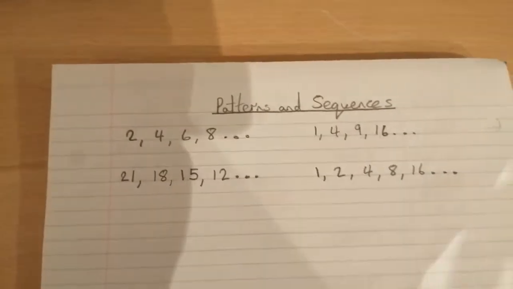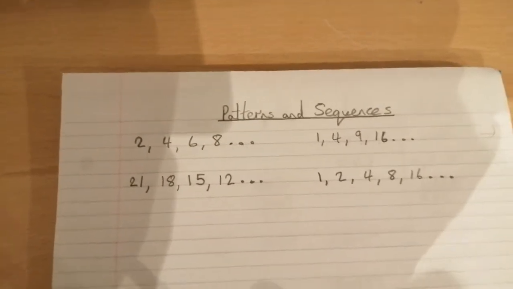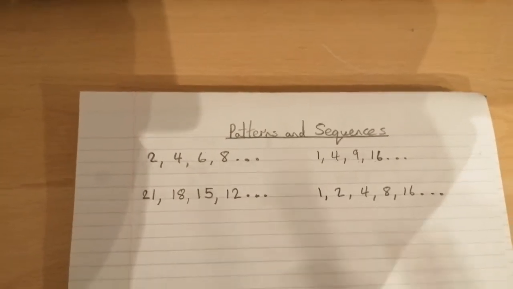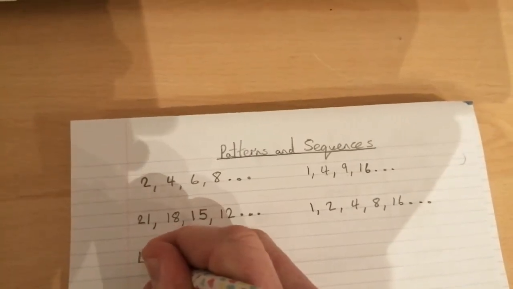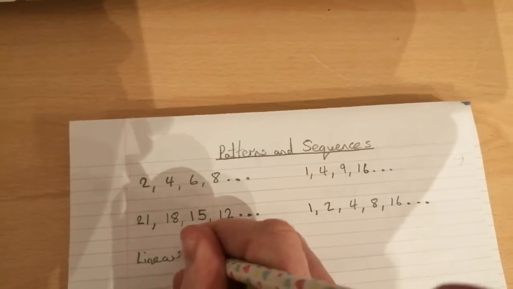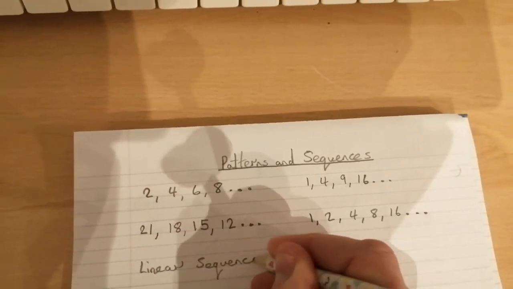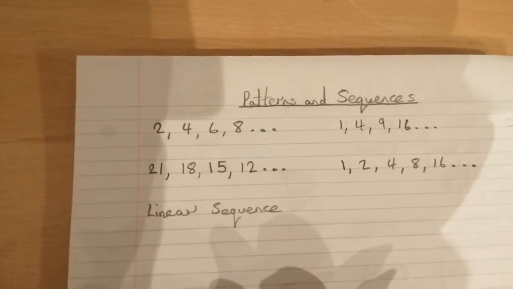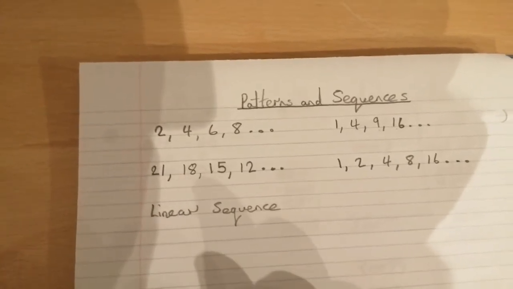Okay, so there are lots of different types of number patterns, but today we're just going to concentrate on one particular type, and it's called a linear pattern or a linear sequence. And a linear sequence has a particular quality, and we have a way in maths of showing that a sequence of numbers is a linear sequence.